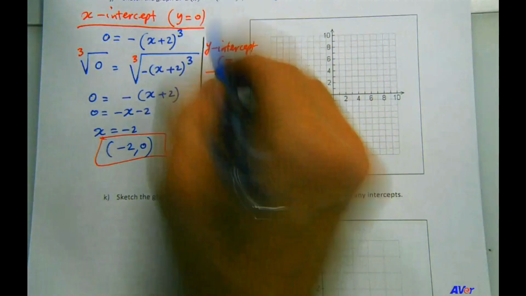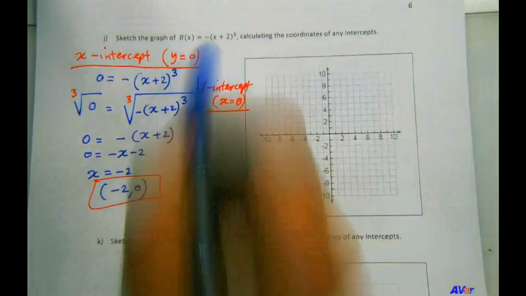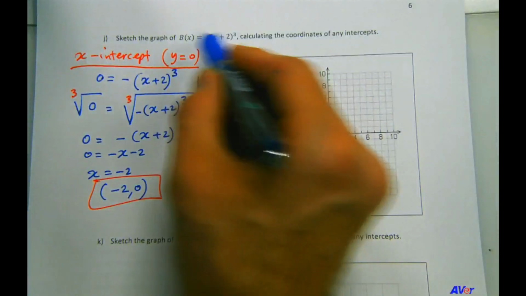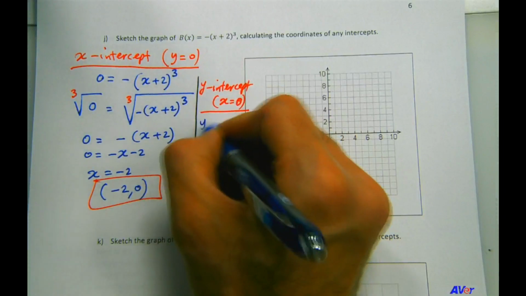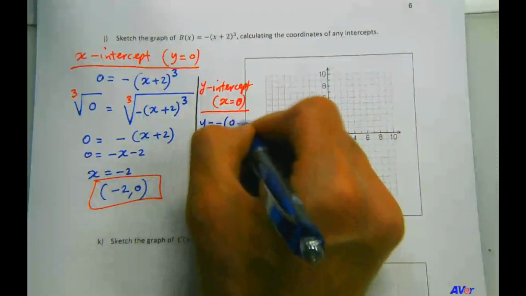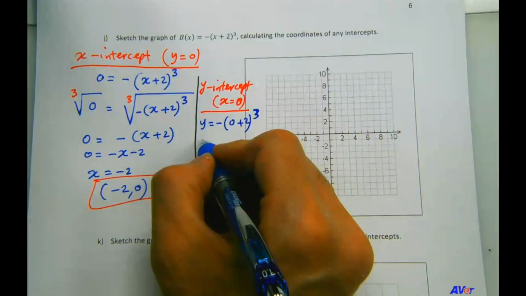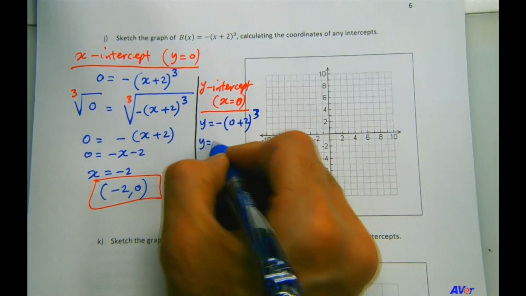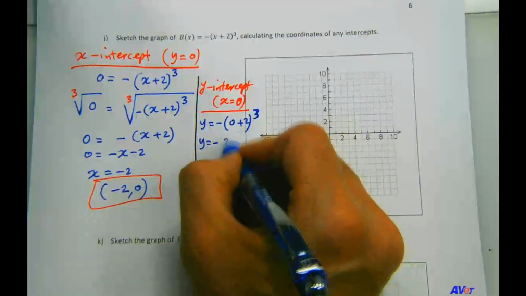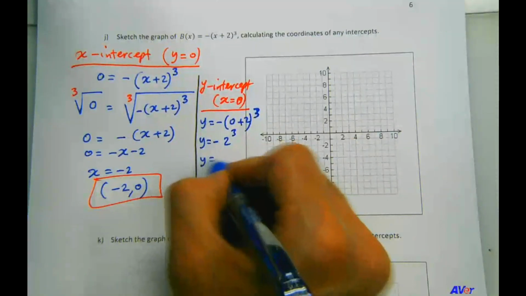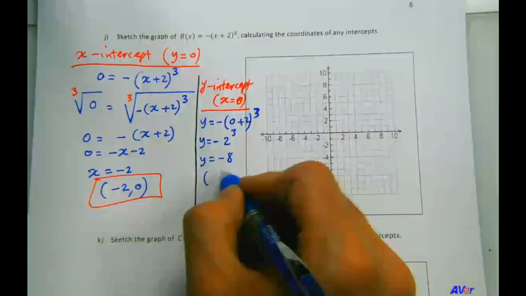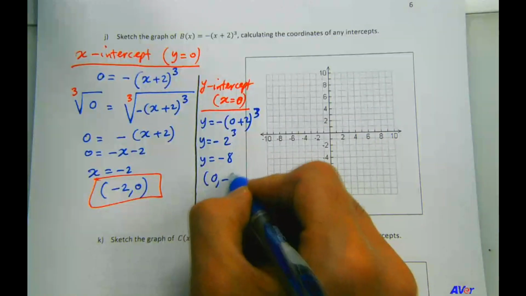So in here we're going to replace x with 0. So y equals minus 0 plus 2, cubed. And we have y equals minus 2 cubed. y equals minus 8. So the y-intercept is 0 comma minus 8.